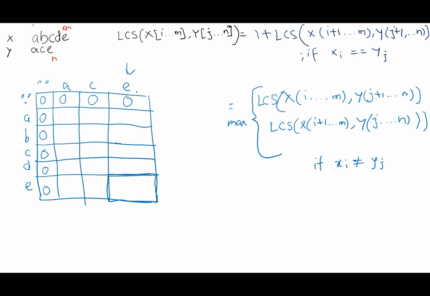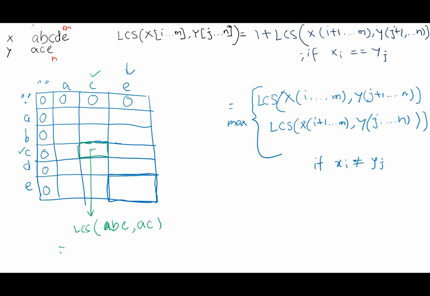Okay. Now, look at this. Let's start by focusing on one cell. So this one, you see the characters match. C and C match, right? And this cell represents LCS of ABC and AC, right? And the characters match.